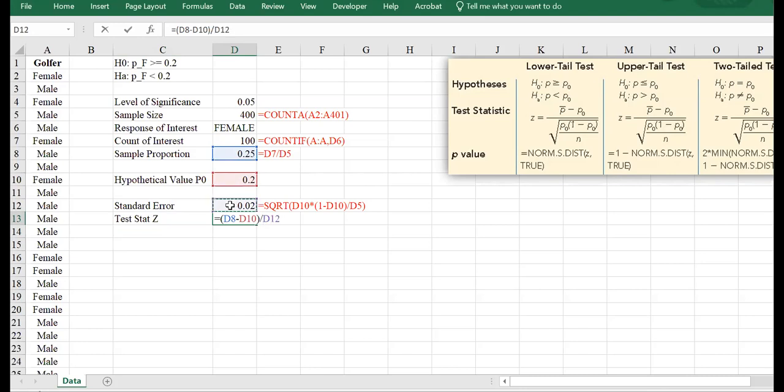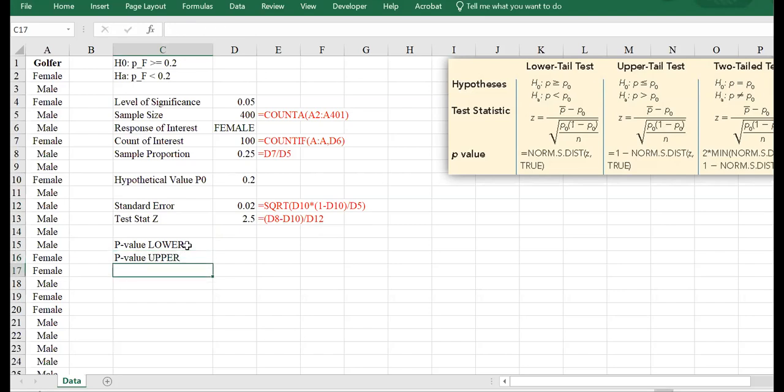This is my test statistic Z. Now I can find the p-value lower tail, the p-value upper tail, and the p-value two tail.